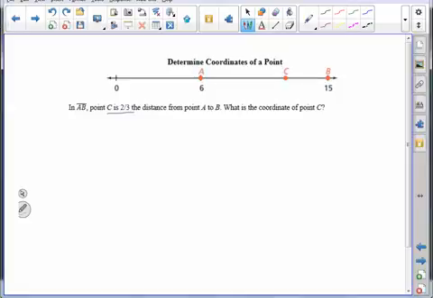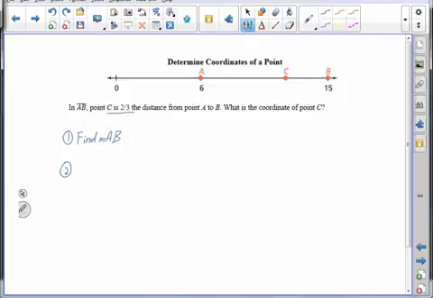Well, there's a process that we're going to go through here. First thing I'm going to do is I need to know, well, how long is segment AB? Once I know how long segment AB is, the next thing I'm going to do is, not multiply, I'm trying to abbreviate here.